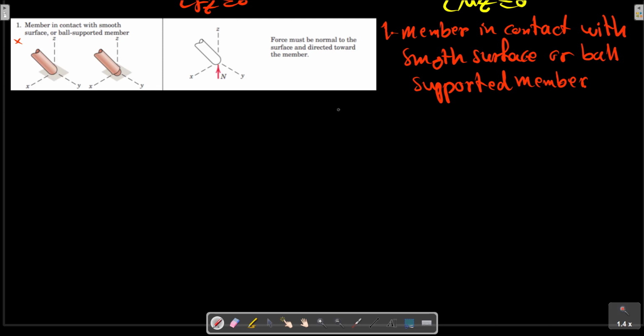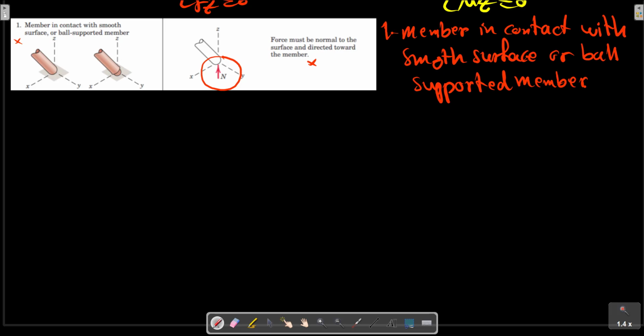In this case, the force must be normal to the surface and directed towards the member, as shown here. There is no resistance in the x and y direction because we assume that it is a smooth contact.